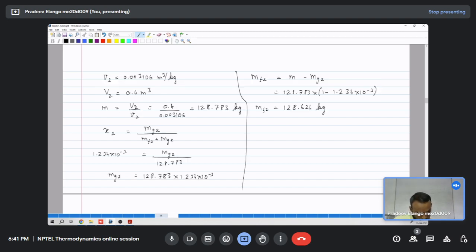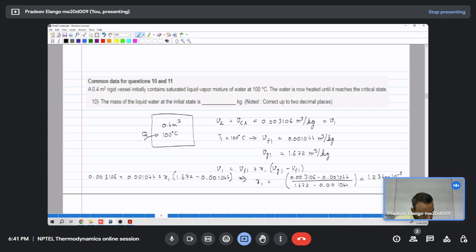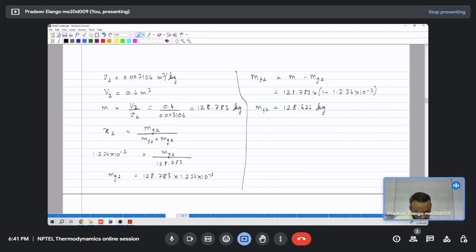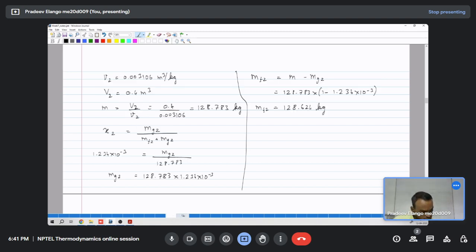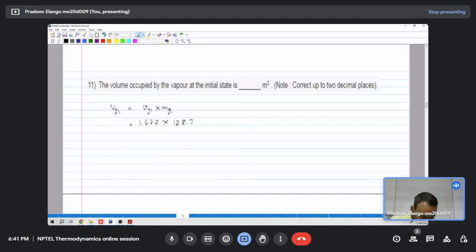Now Vg1 we know from the table, that is 1.672, into mg1, which is 128.783 into 1.234 into 10 power minus 3. So this is 0.2657 meter cube.